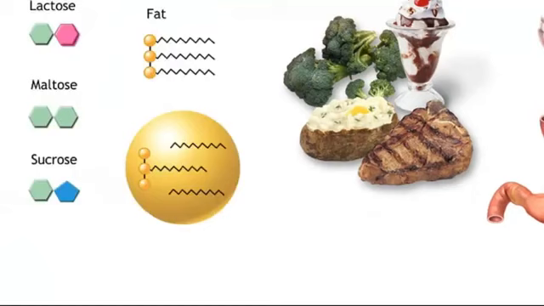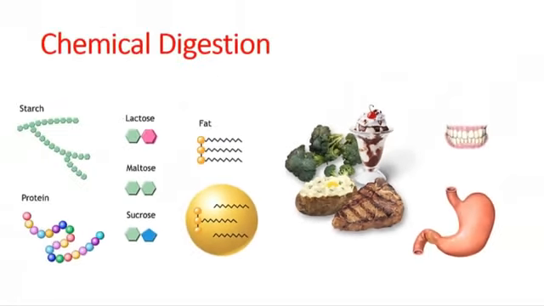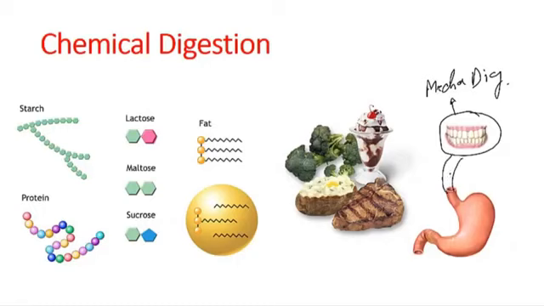Let's talk about the chemical digestion process that actually takes place from the mouth to the end of the intestine. The ingested food first is broken down mechanically in the mouth. That's known as mechanical digestion. Once they are broken down into smaller pieces, enough to be swallowed, they will be taken into the esophagus. Through the esophagus, they ultimately enter the stomach.